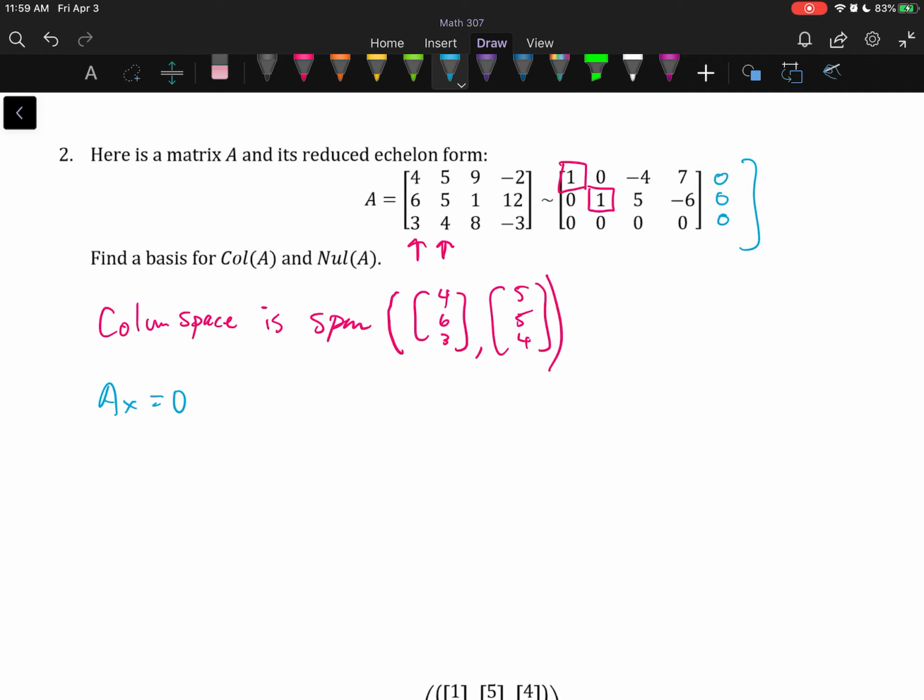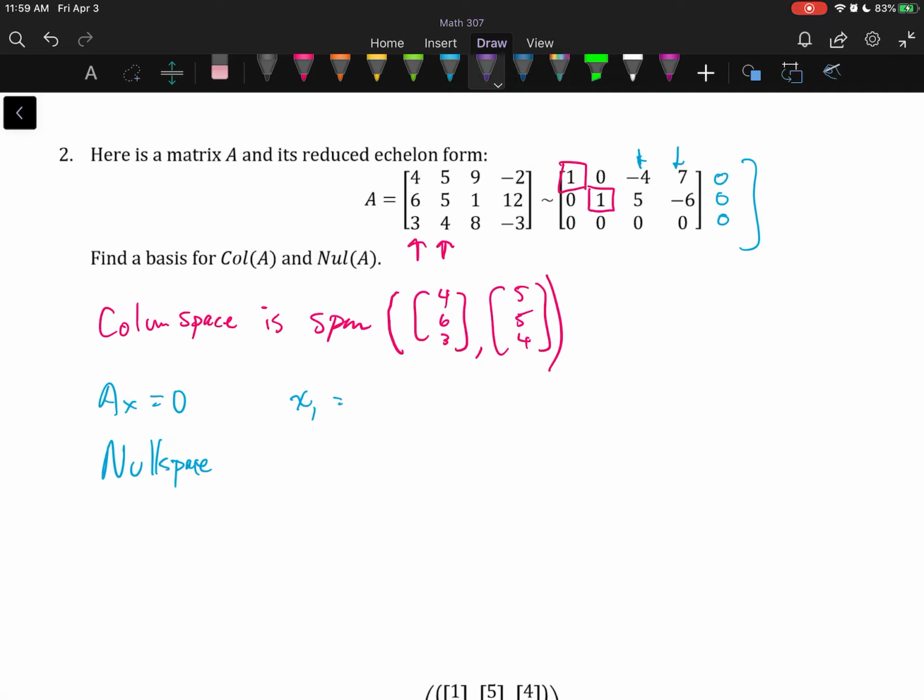So what we have for the null space is 2 free variables. And we'd have a set of equations that look like x1 equals, I'm going to subtract over the other pieces.